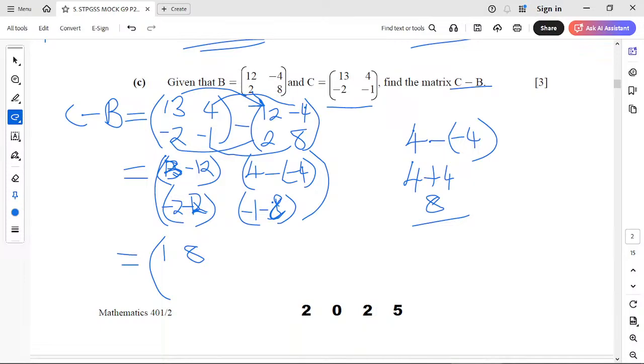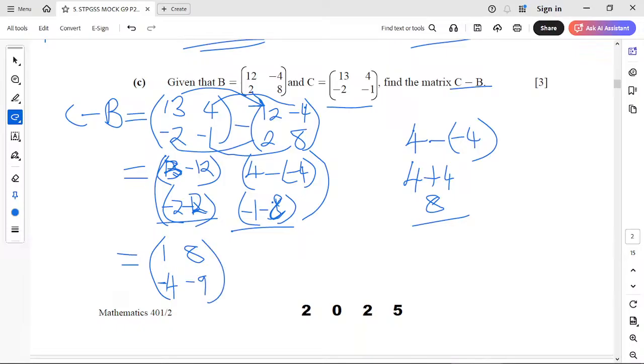Then we come here, negative 2 minus 2. If the signs are the same, we maintain the sign, which is the negative. Then we combine the numbers, which is 2 and 2 give us 4. The same principle we apply here. The sign is the same, so we say negative. Then we combine 1 and 8, it gives us 9.